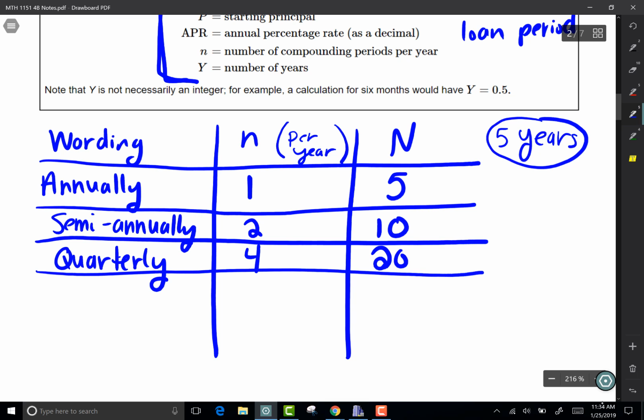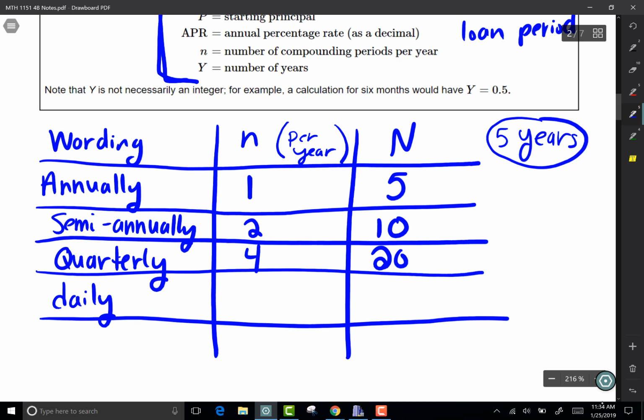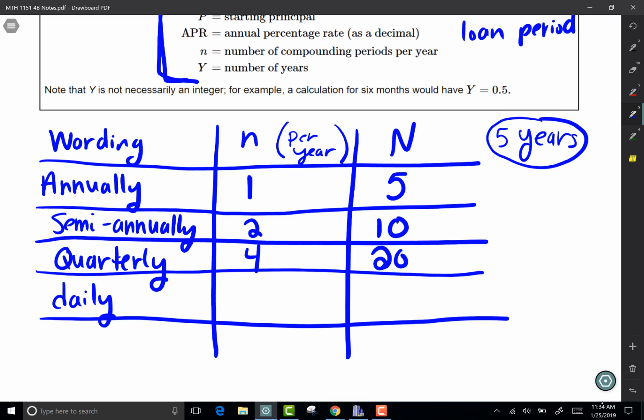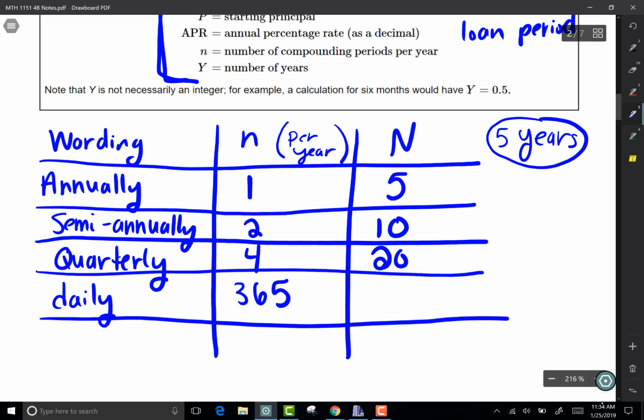And the last one that you'll probably encounter is daily. Now, I know we have leap years and everything to worry about, but we're just going to assume that there are 365 days in a year, and we're not going to worry about the 1/4. So if it's daily, it's 365 times a year.